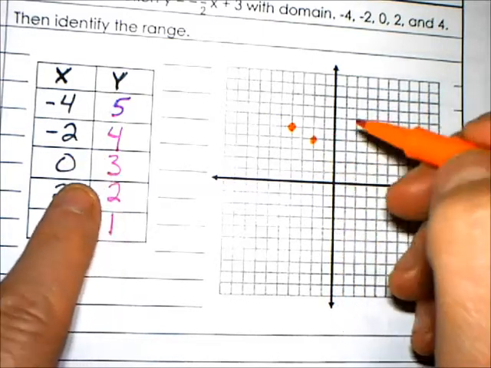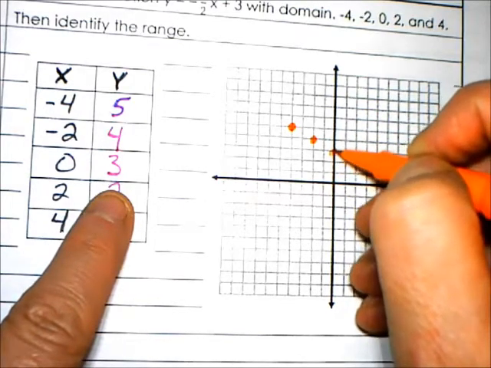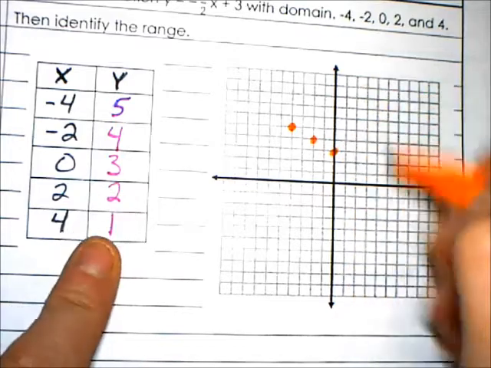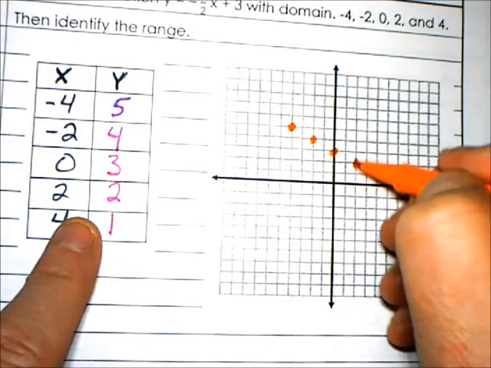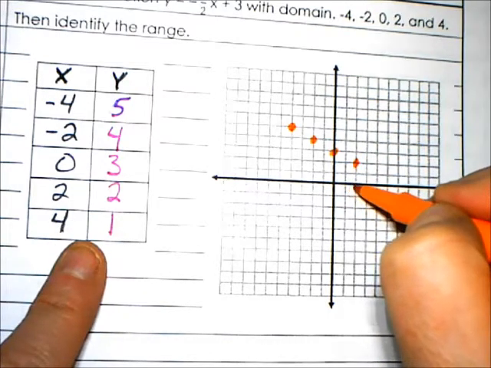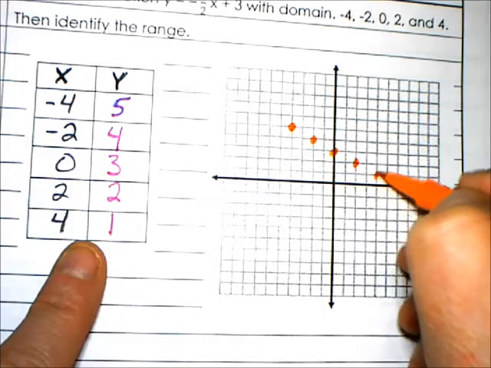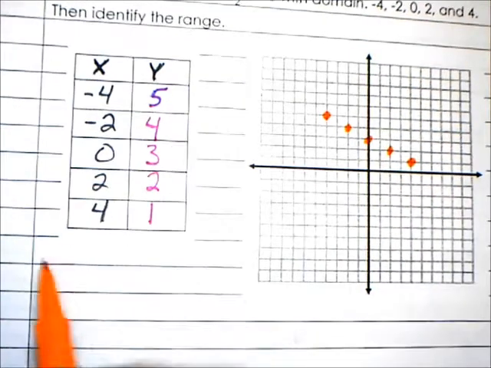And then 0, 3, that stays at the origin, just count up 3. The next coordinate is 2, 2, so go right 2 and up 2. And then the last point, go right 4 and up 1. There's your 5 points.